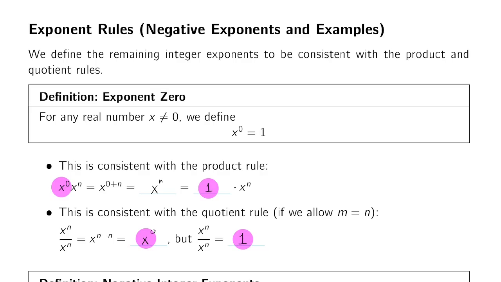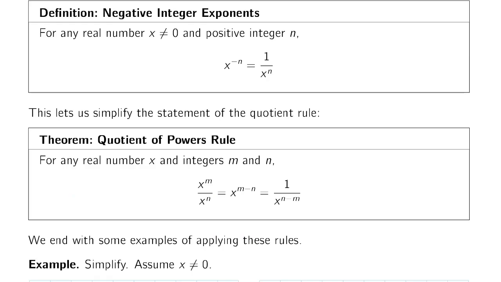We define negative integer exponents as follows. For any non-zero real number, x to the negative n is just the reciprocal of x to the n. And this lets us simplify the statement of the quotient rule.